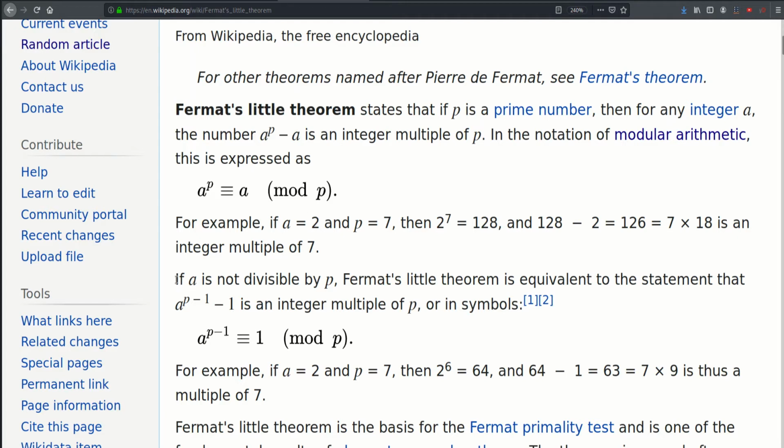And in addition, and this is what's relevant for us, if a is not divisible by p, then Fermat's Little Theorem is equivalent to the statement that a raised to the p minus 1 is congruent to 1 mod p. We have an example here. If a is equal to 2 and p is equal to 7, then 2 raised to the 6th power is 64, and 64 is indeed congruent to 1 mod 7 because it's equal to 63 plus 1.